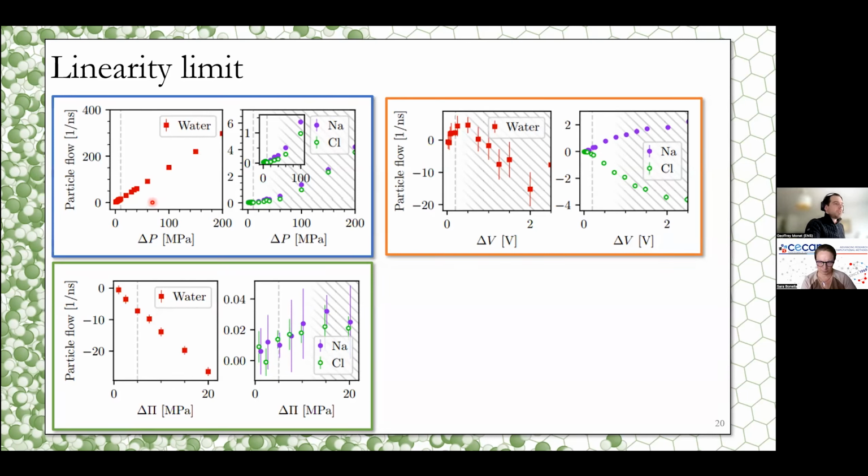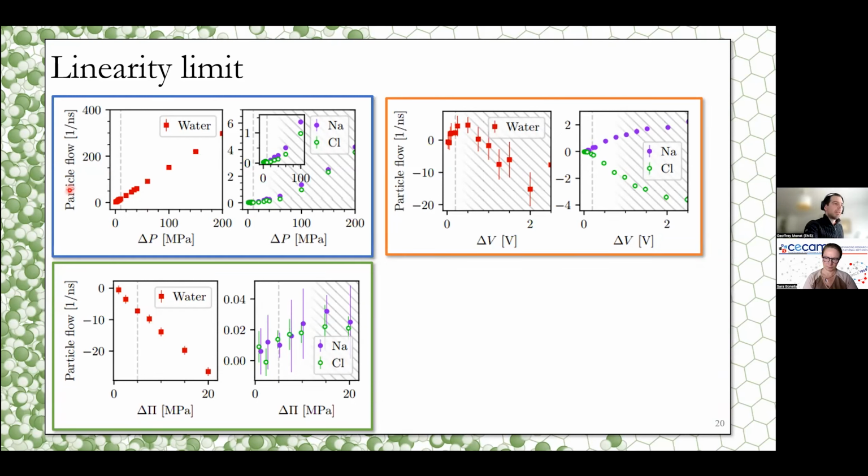Yes, I had to perform many simulations with different amplitudes for those forces I put in this simulation, and at the end I tried to take the maximum value while keeping the linearity of the response.